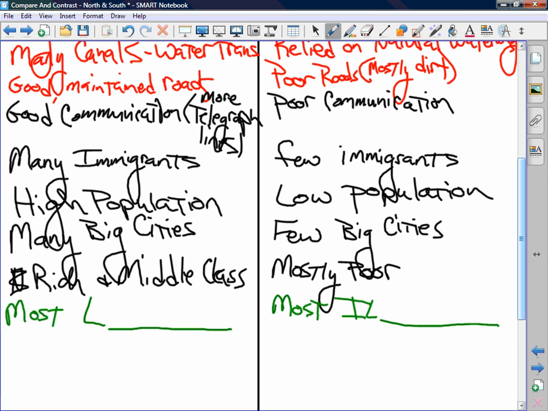Literacy, and so if we want to take that word literacy, which means number of people that can read or write, and turn it into an adjective to describe those people, how do we take that word literacy and make it into an adjective to describe the people? Literate, yes. Most people in the North were literate. They could read or write.